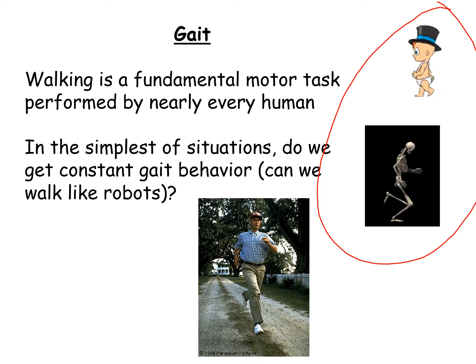Walking is a fundamental motor task and is performed in nearly every human. In the simplest of situations, do we get this constant gait behavior? Can we walk like robots? Well, if we put our minds to it, maybe. But you can even look at some of the greatest musicians there are, especially some of the more famous drummers. Okay?